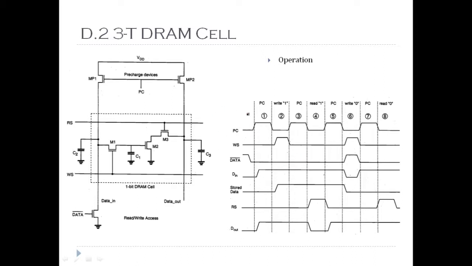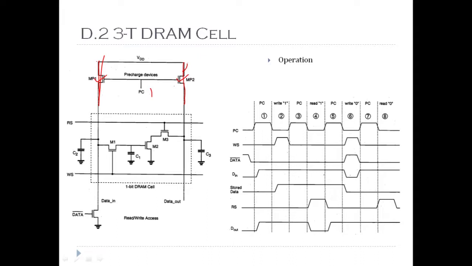So let's see what happens during the precharge cycle or precharge operation. During precharge operation, this PC is 1. As PC becomes 1, both precharge transistors MP1 and MP2 are turned on. So they provide a small resistance path, or in other words, we can consider that they provide a short circuit over here.